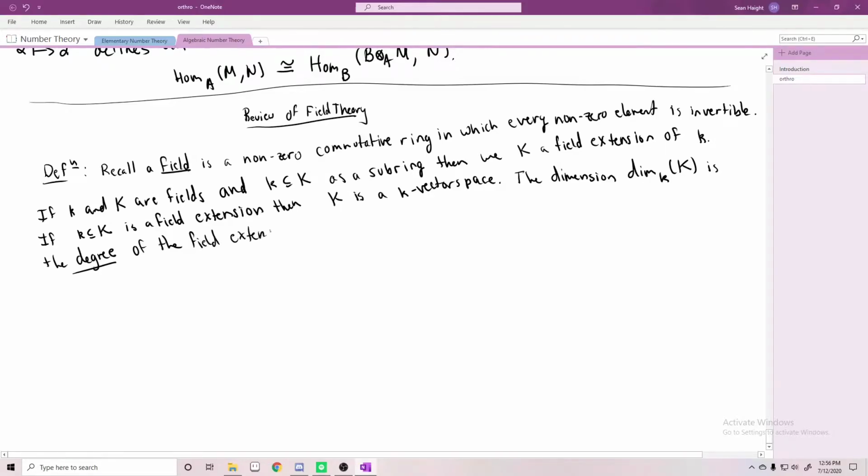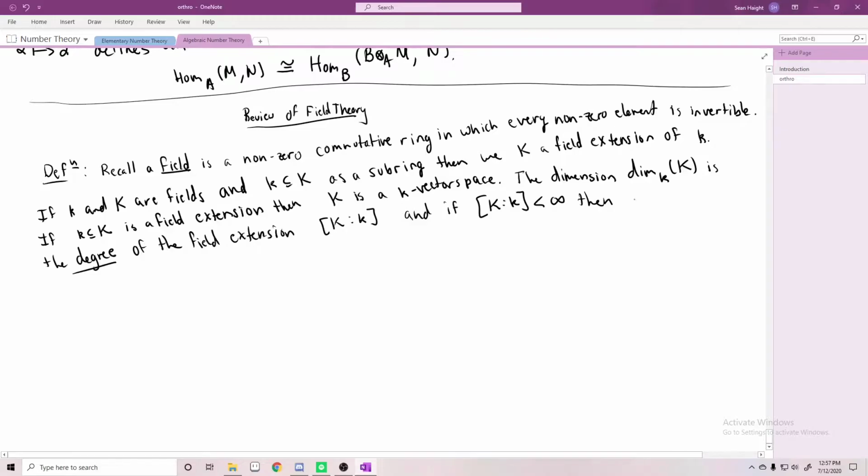This is typically denoted big K colon little k. And if this dimension is finite, so if the degree is finite, then we call this a finite field extension.